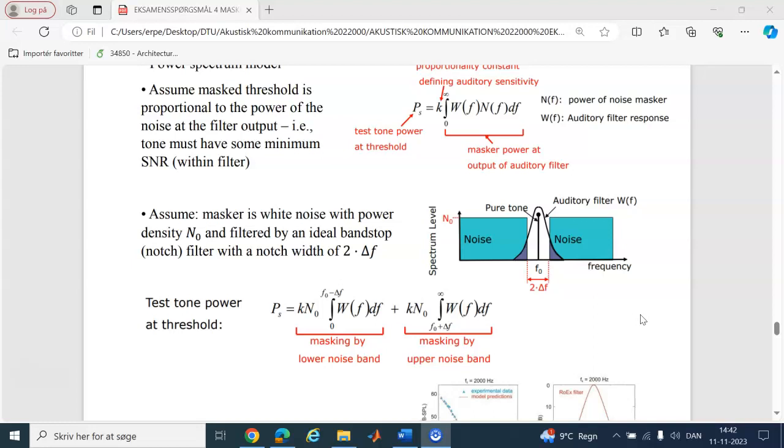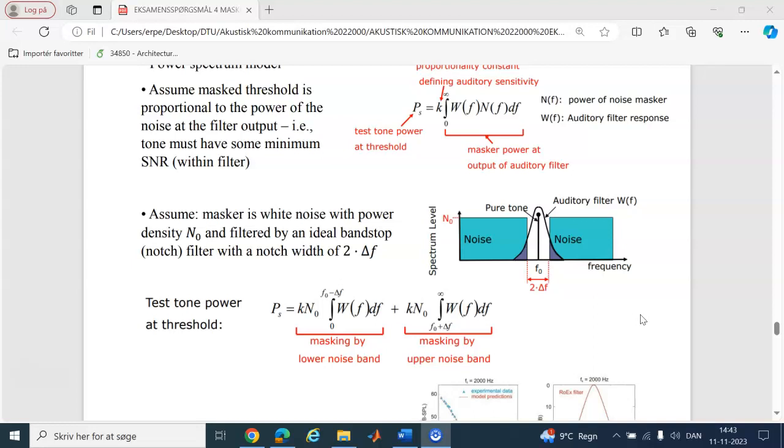From the integral we get the test tone power threshold PS is K times N0 times an integral from 0 to f0 minus delta f, namely the masking by the lower noise band, plus the similar masking by the upper noise band.